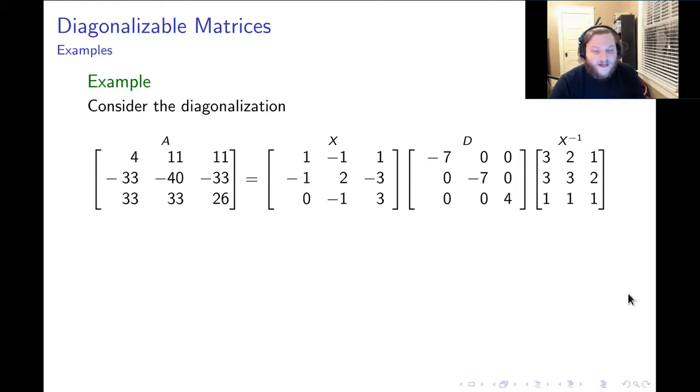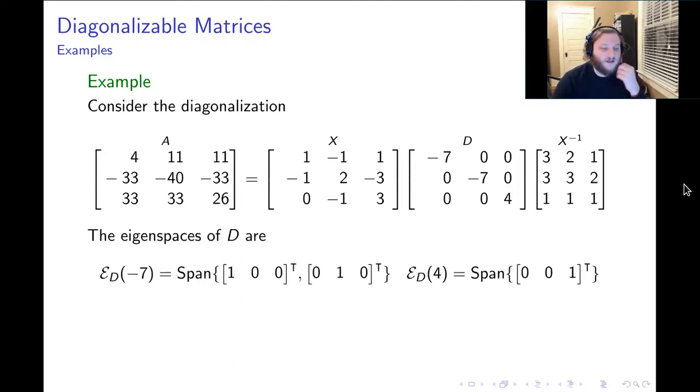Here is another example. Here we have a 3 by 3 matrix that's diagonalized for us. A is X times D times X inverse. I want to take a look at the eigenspaces of D. Well, D is diagonal, so when we look at the eigenspaces, all we end up with as the bases are the columns of the identity matrix.